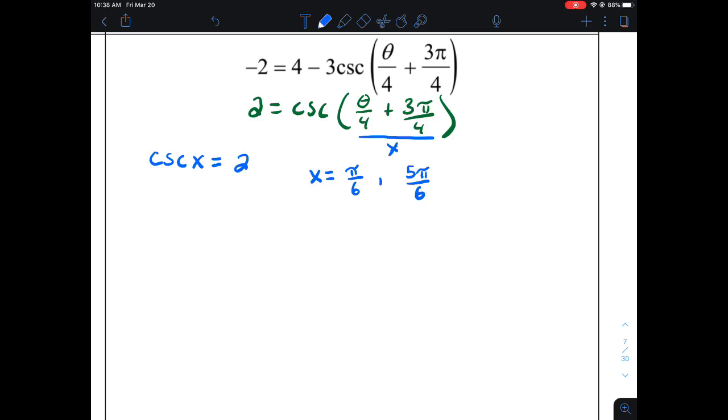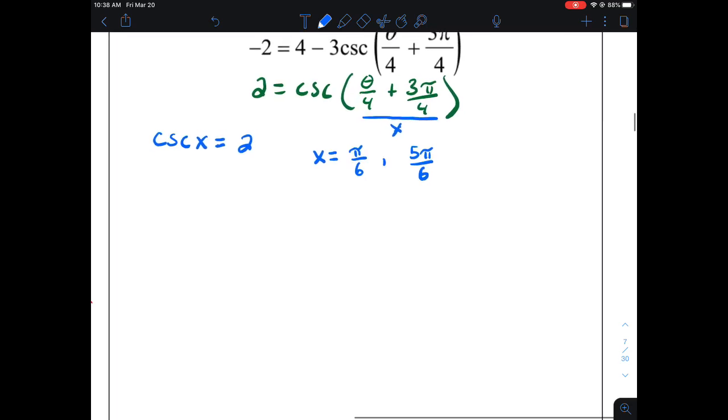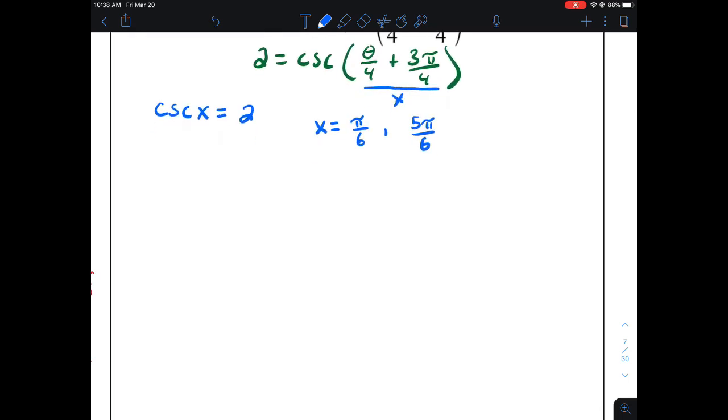So now we're going to start. I need to figure out what values of theta can be applied to create those x numbers that we have from our unit circle. So I'll start with pi over 6. So I'll say pi over 6 equals theta over 4 plus 3 pi over 4, and solve for theta.